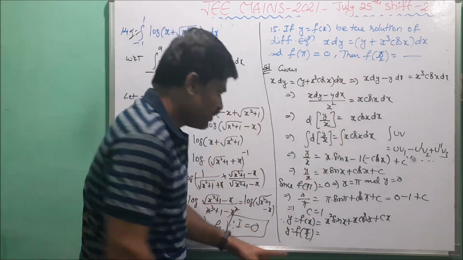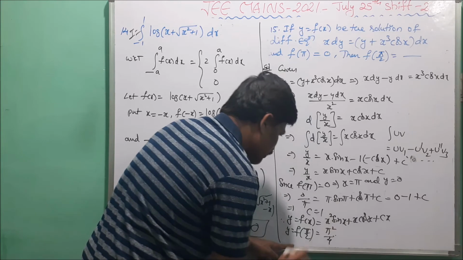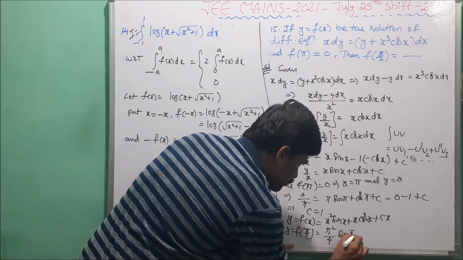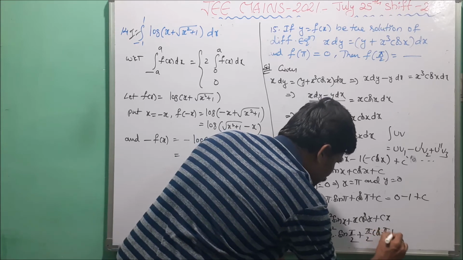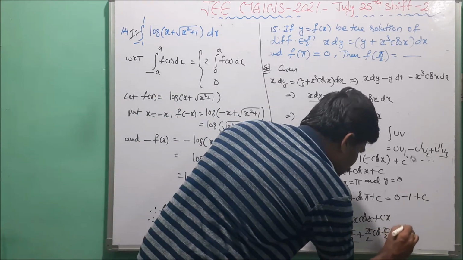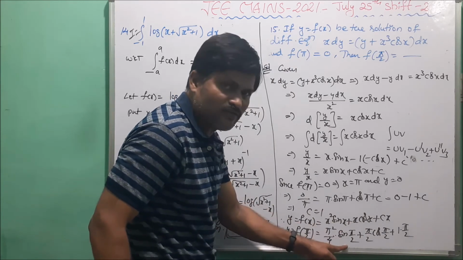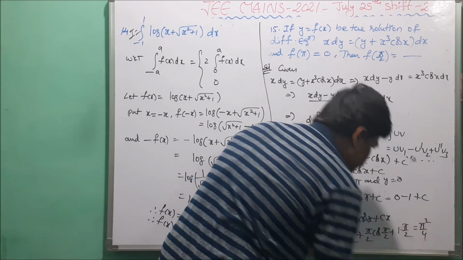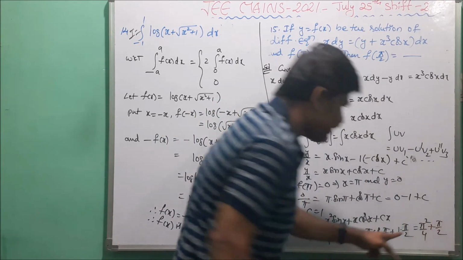Substituting x equal to pi by 2: (pi by 2) whole square, that is pi square by 4, into sin pi by 2, plus pi by 2 into cos pi by 2, plus c into x, where the c value is 1, already found, so 1 into pi by 2. Here cos pi by 2 value is 0, and sin pi by 2 value is 1. Now pi square by 4 into 1 is pi square by 4. This term is 0, and 1 into pi by 2 is pi by 2. So pi square by 4 plus pi by 2.